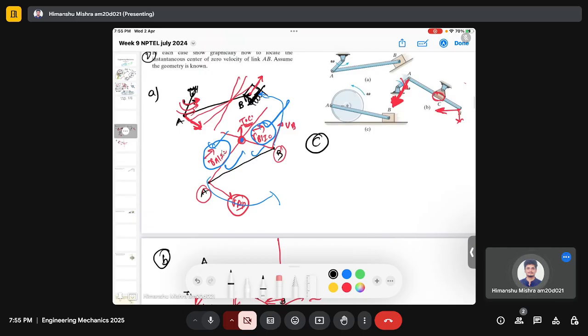Similarly, we can now draw C. So you can visualize in this figure itself, as it is rotating in the counterclockwise direction, this point A is actually moving in this direction, right?